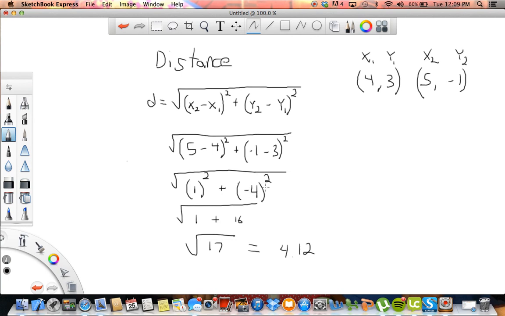If you don't use your parentheses, you have a -4 and you square that. If you use a calculator, it's going to give you a -16 instead of a +16. The problem with that is that it's going to give you a negative square root, and you cannot take the square root of a negative, at least not until Algebra 2 when they go over imaginary numbers. So you can't do that.